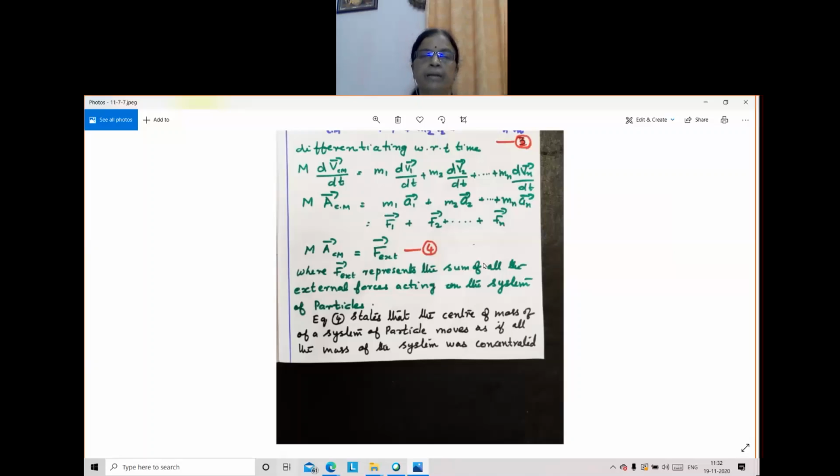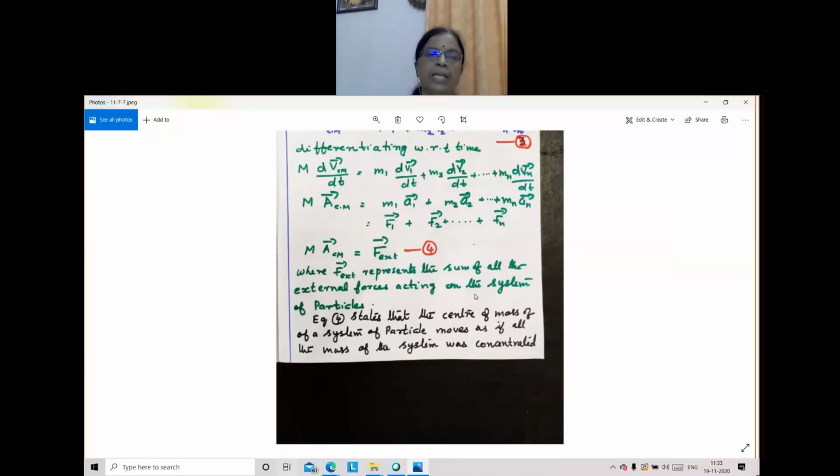Instead of applying all the forces on all the particles of the body, we exert the same force at the center of mass and produce the same kind of motion in the body.